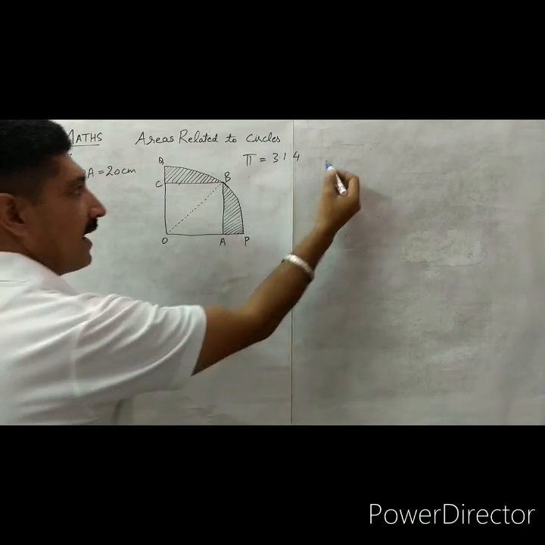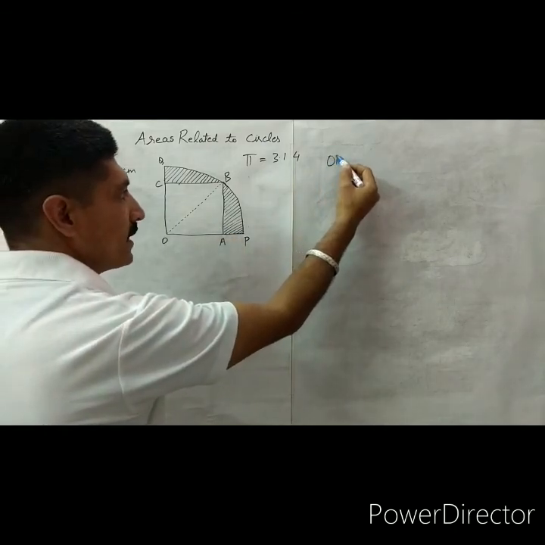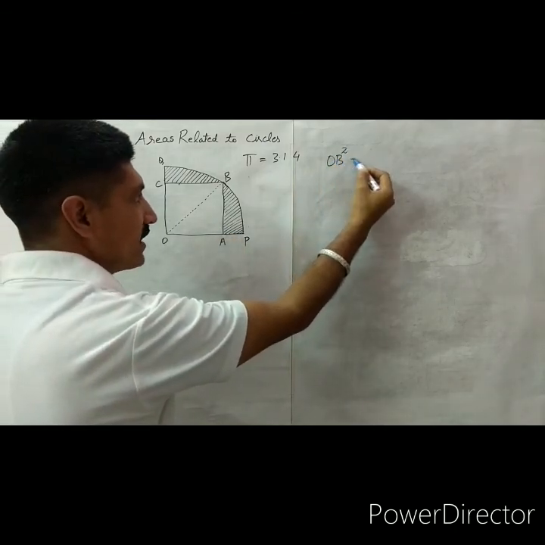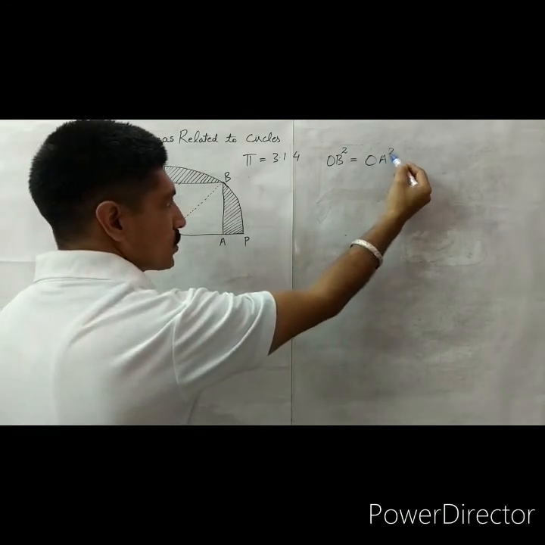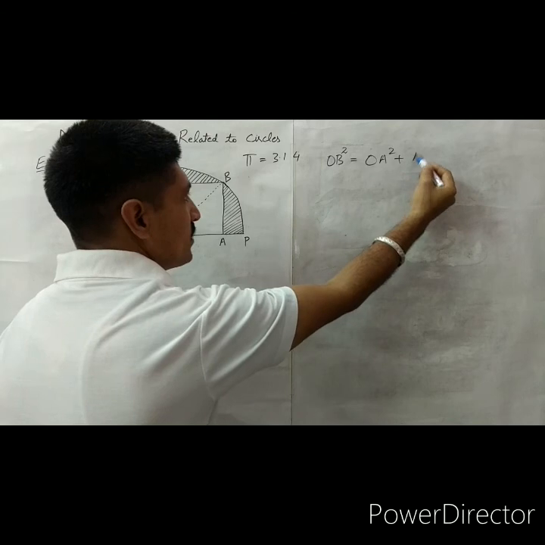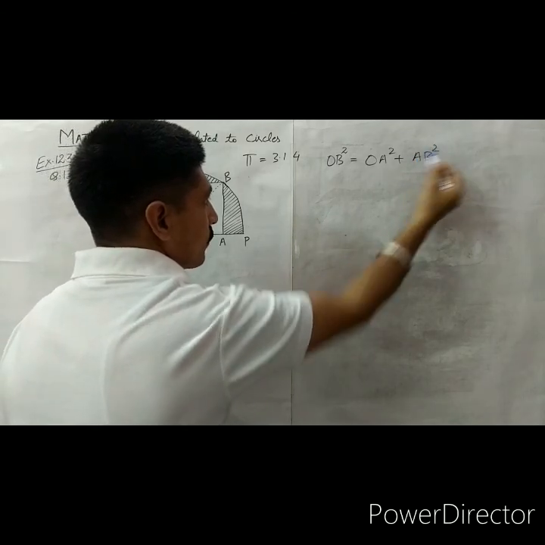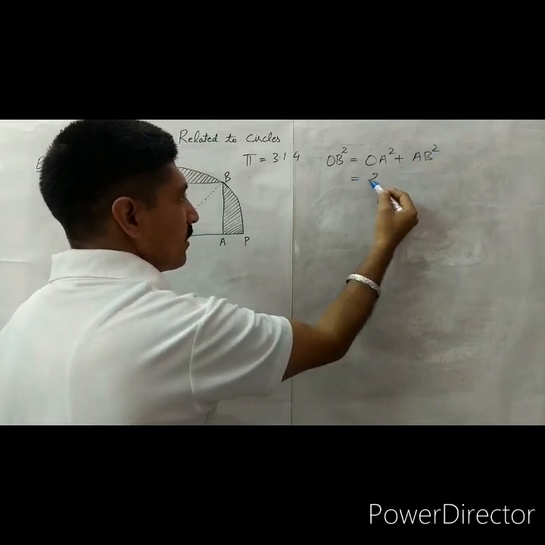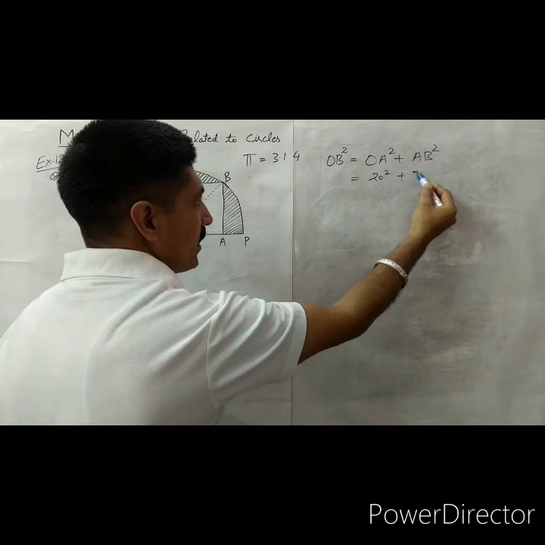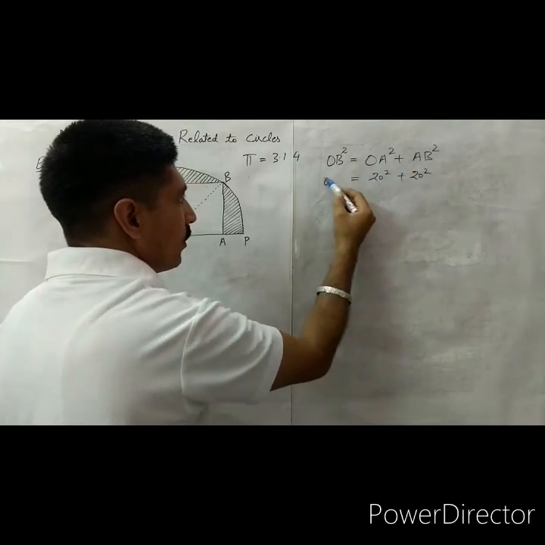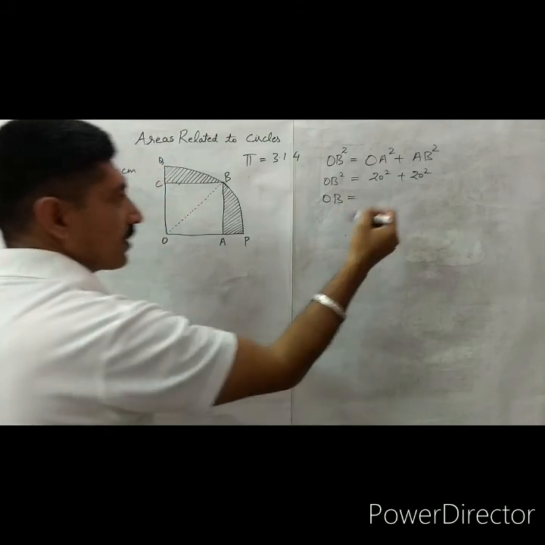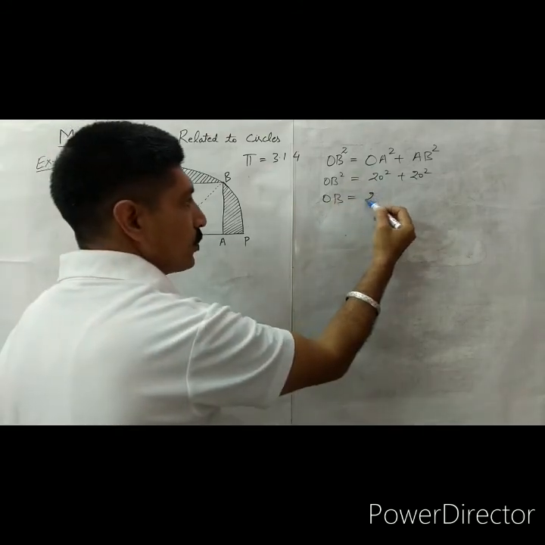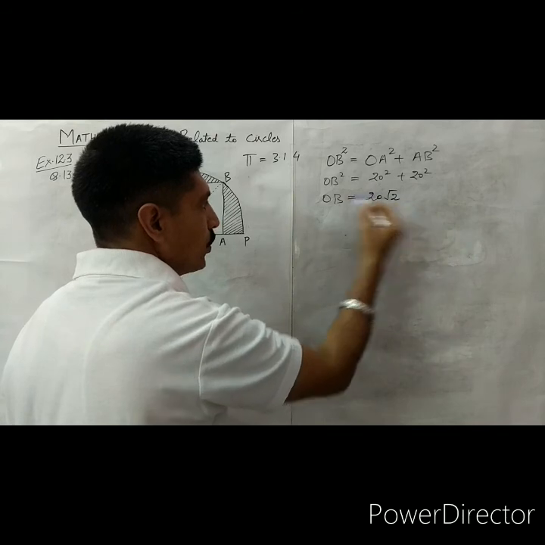We know that OB square is equal to OA square plus AB square, which is equal to 20 square plus 20 square. So here OB is equal to, taking under root, 20 under root 2 here.